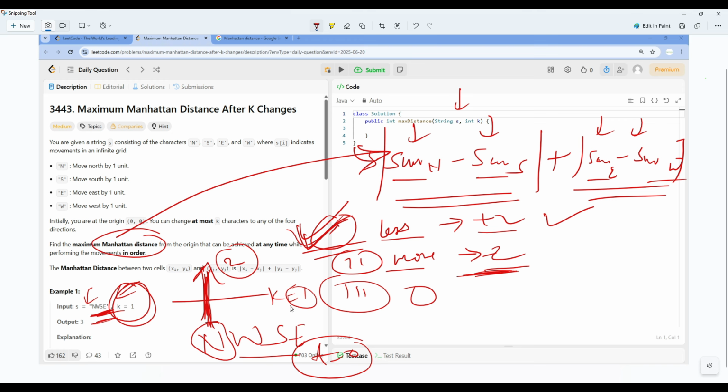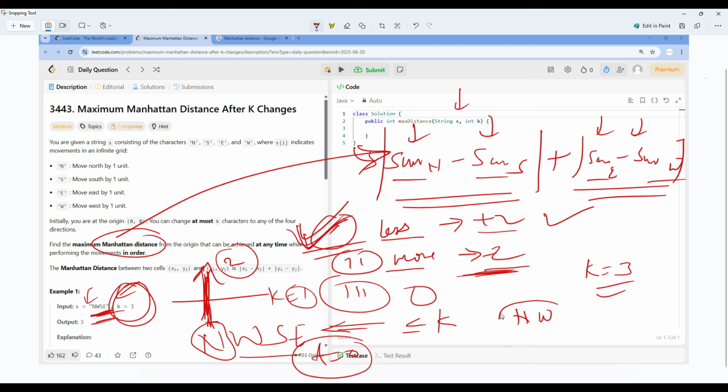If the number of such letters is less than or equal to k, then we modify all of them and set the remaining modification count accordingly. Let's suppose we are given only N and W, and k is 3.